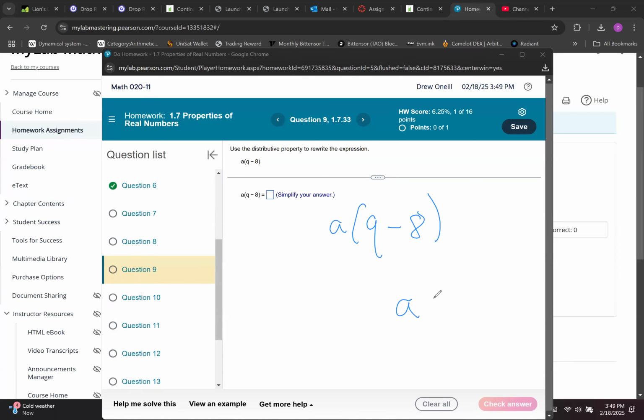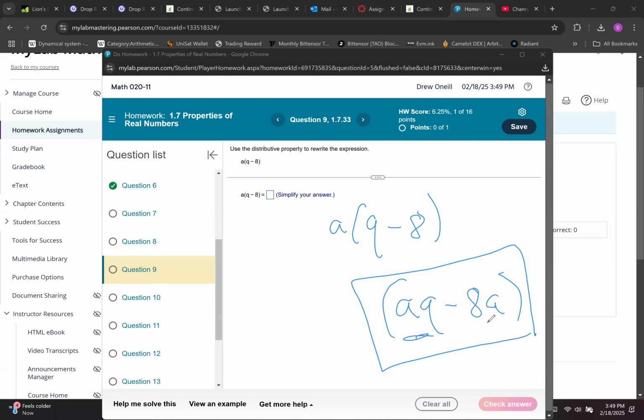If I gave you what we would get, and said, here's your problem, what would you factor out? Well, they both have an A in common. So if we took an A out, we would get this.